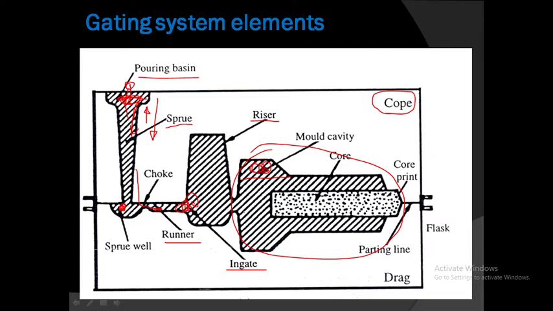Due to that, it should be positioned in such a way that the natural flow of metal is possible. So this is about the elements of the gating system.